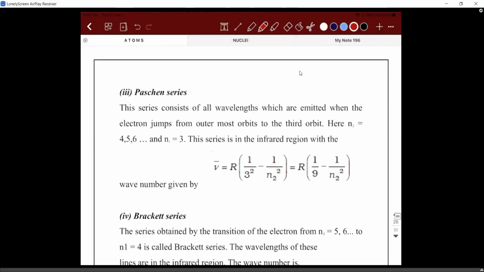What is the next one? Paschen series. What is going to happen here? The electron jumps from a higher orbit and it should stop at 3. Right? And it belongs to which region? It belongs to the infrared region. So this will be the formula.